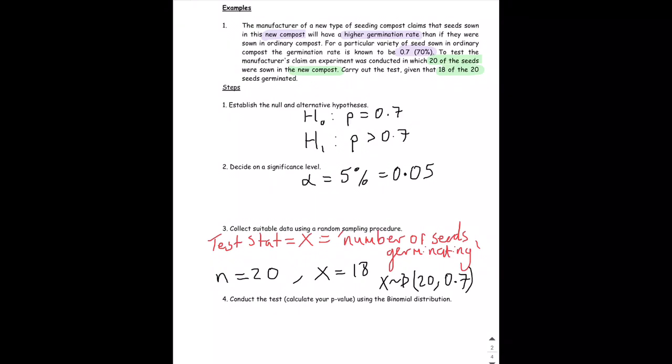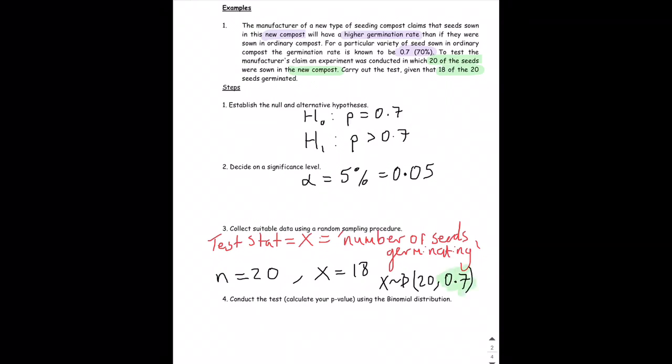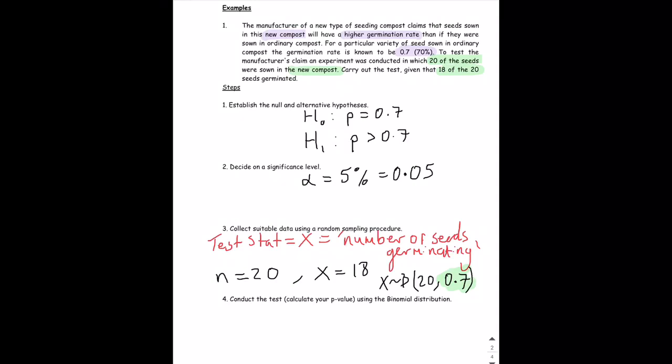Now we see: this sample of 18 out of 20 germinated. How likely is that to happen if this were just regular compost? Is this actually normal? Do 18 out of 20 germinate in regular compost quite often? If they do, well, the manufacturer, sorry, I mean, your compost isn't that good.